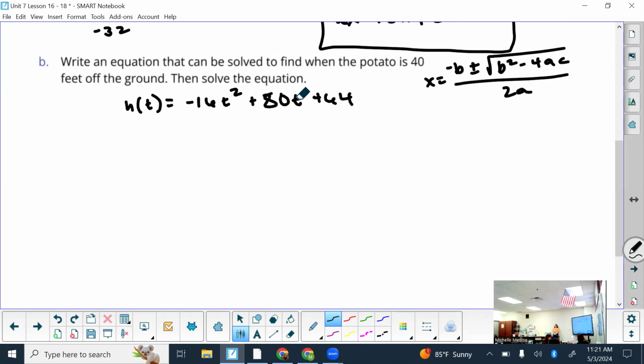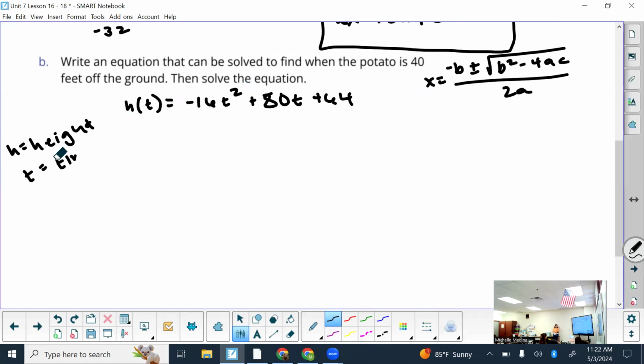So what are the two variables in this? Everyone look up here. I know some of you are actually working, but look up here. That's the question. What is H representing? Okay, H is for height. What is T representing? Time.